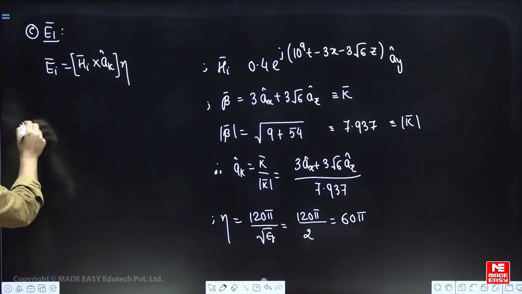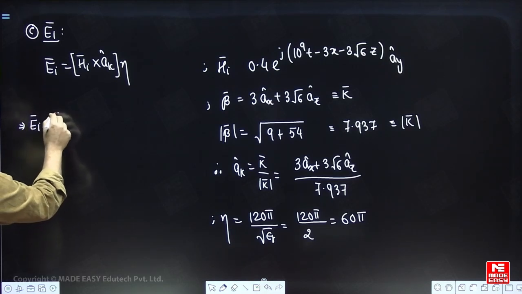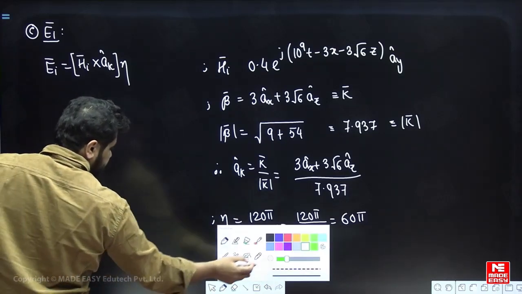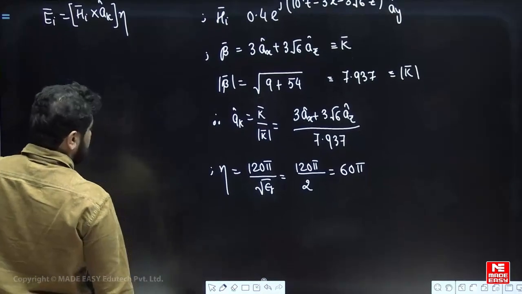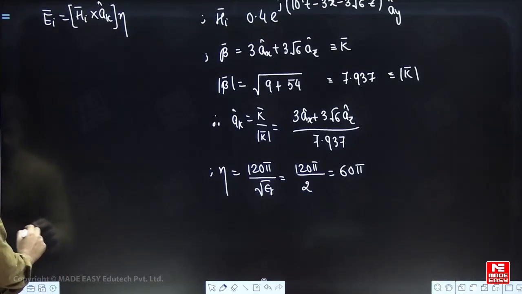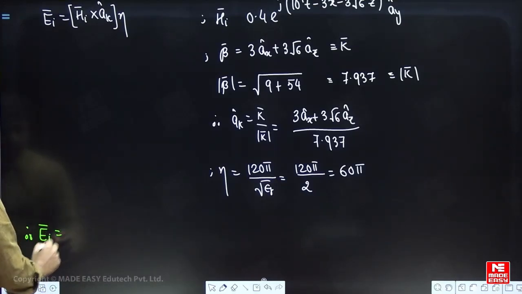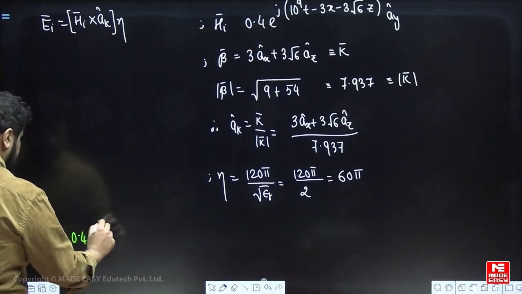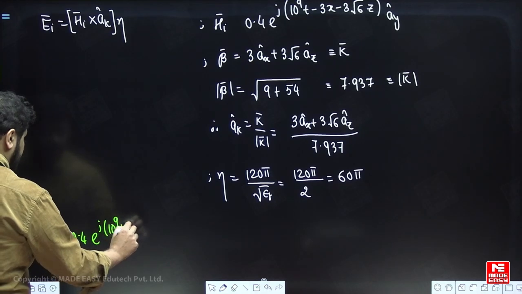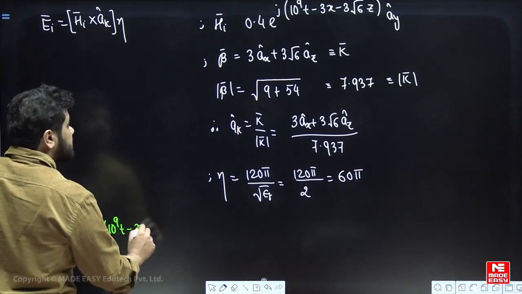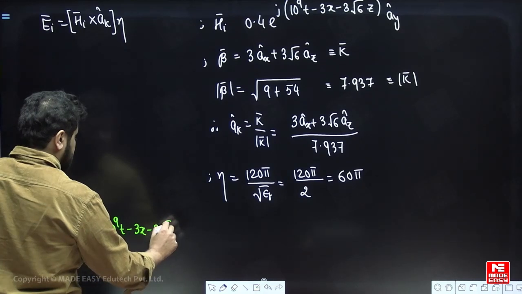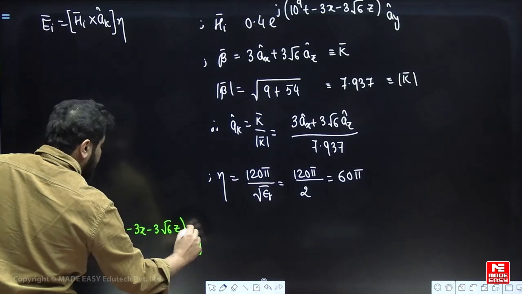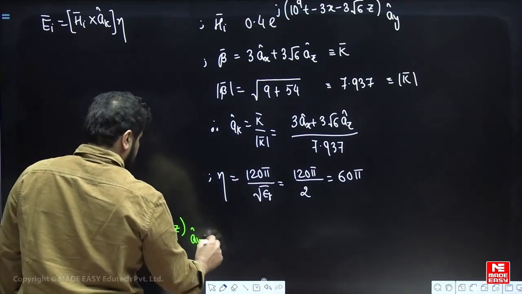So therefore, the incident electric field EI, I think there is no space, so better I write a little down. The incident field is 0.4 e to the power j(10^9 t minus 3x minus 3 root 6 z) in the direction of AY, cross AK.